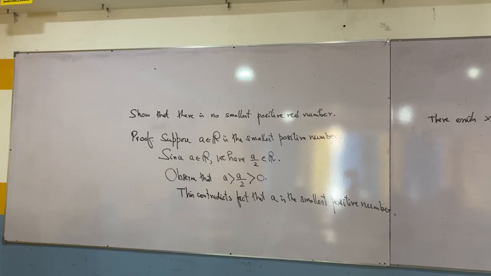As soon as you assume that A is the largest real number, you have to show that A is positive. Can you prove that A is positive? You assume A is the largest real number. See, pure math is like this. We cannot take anything for granted. We have to prove everything.